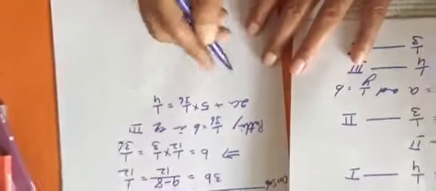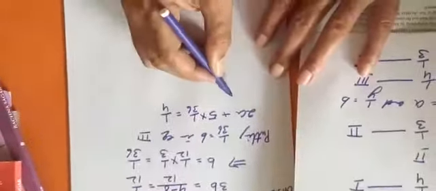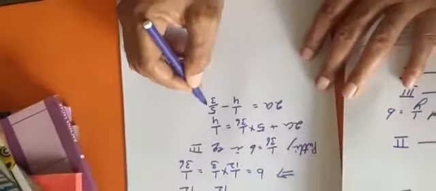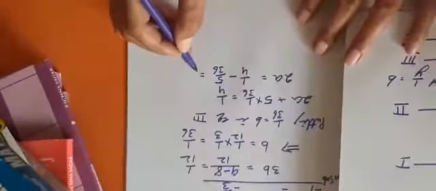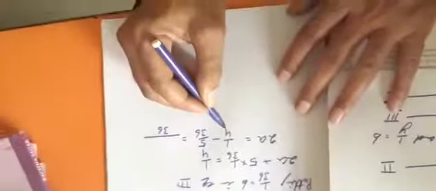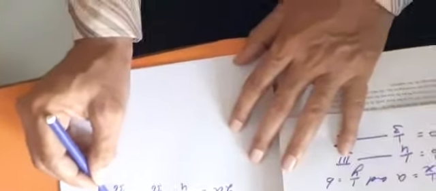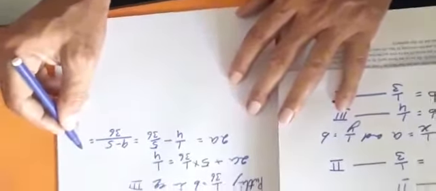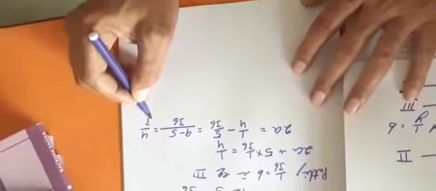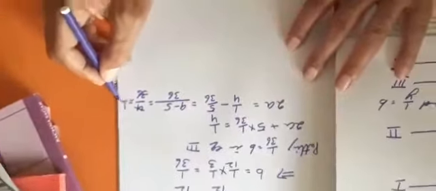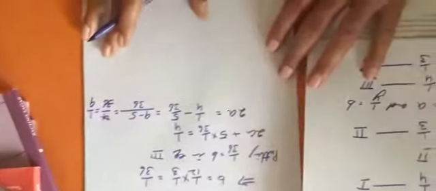You have to bring this side. 2a is equal to 1 upon 4 minus 5 upon 36. This should give you, LCM is 36. When you divide the LCM by this, you get 9. 9 minus 5 gives you what? 4 upon 36. And this should give you 1 upon 9.